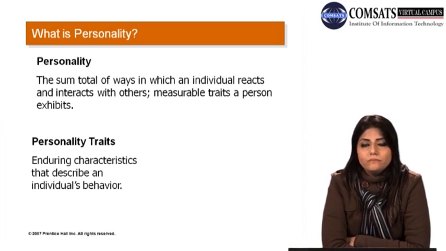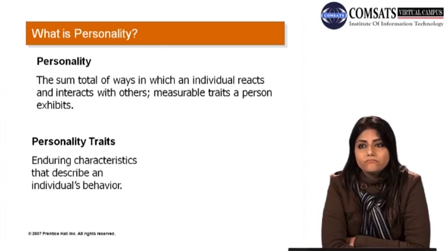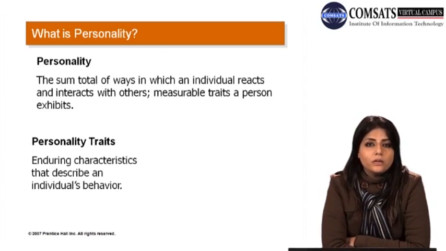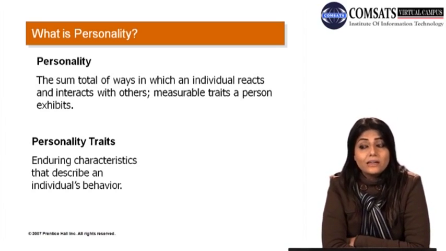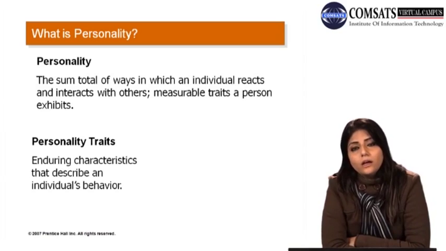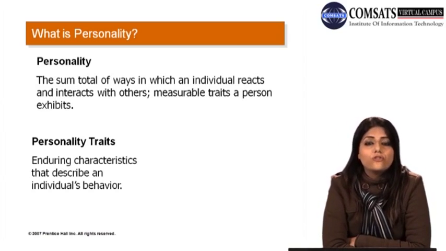For example, if we say that he's confident, or she's underconfident, he's shy. So these are the characteristics of the individual that are described as personality traits. And it is also important to see that traits are those characteristics of the individual that are inherently stable, right?